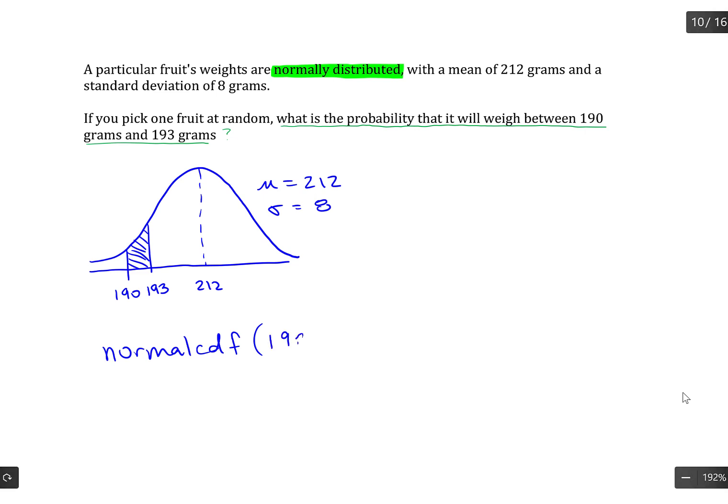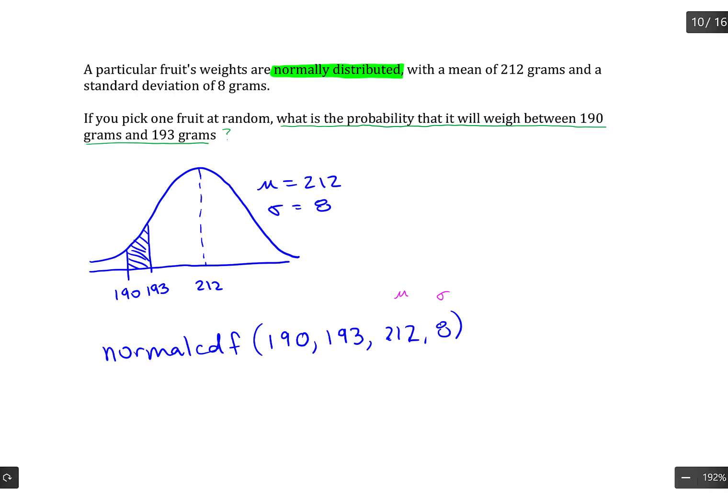It takes the lower bound of our shaded region, the upper bound of our shaded region, the mean of the distribution, and the standard deviation of the distribution. Now, that's a lot to remember, so I would recommend notating what you're using here. At least the last two notated as the mean and standard deviation, something like that.